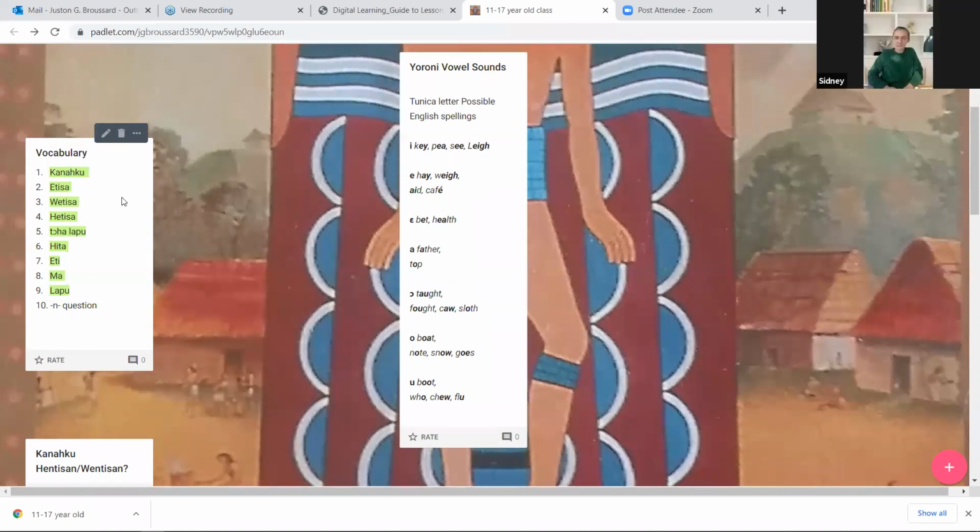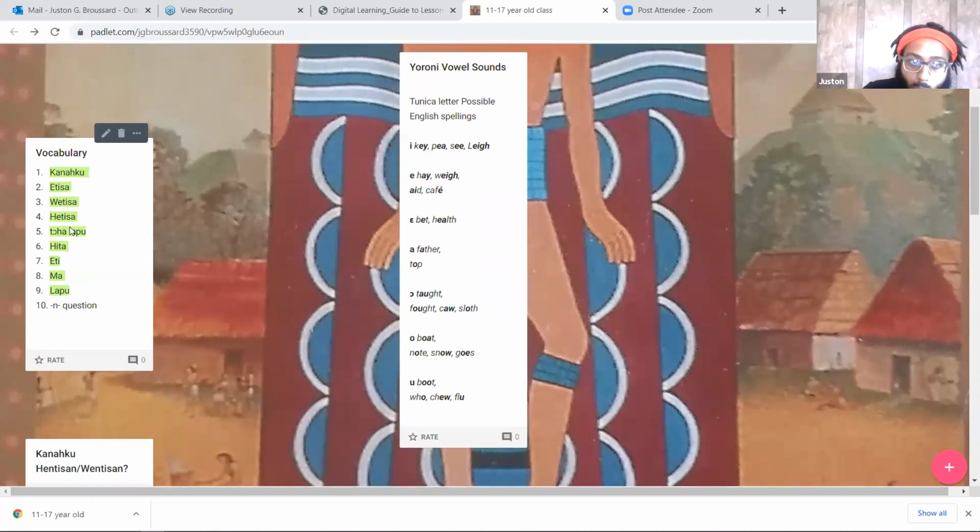And when I responded to Sydney, as you can see on number 4, I asked her Kanak Hetisa, Kanak being what we would call a question word, and Hetisa being what we would call a possessive, to be named, sort of a pronoun for you, feminine, Sydney.